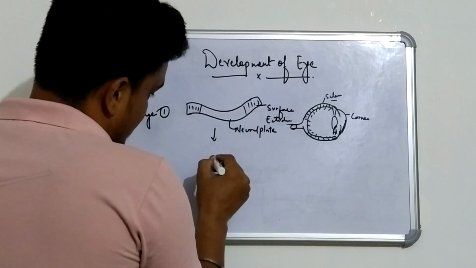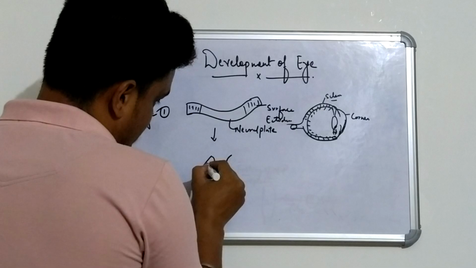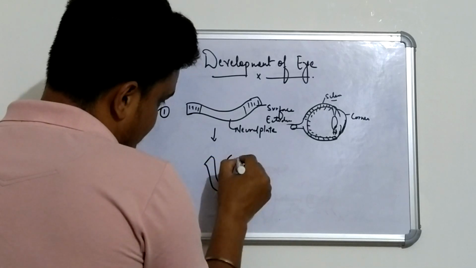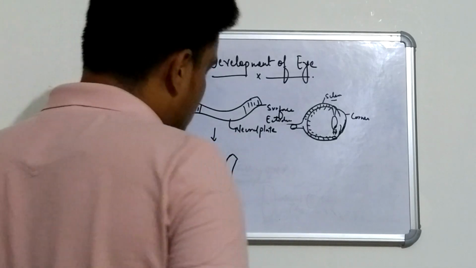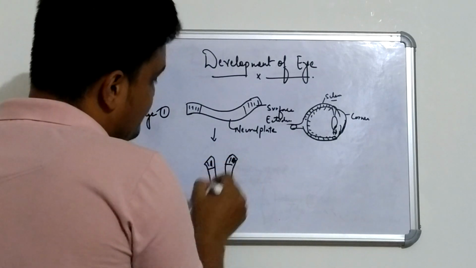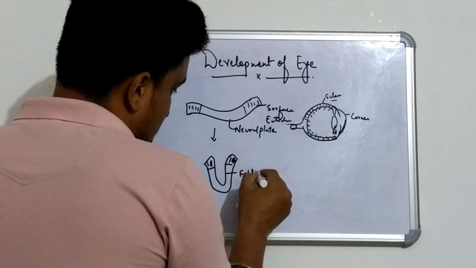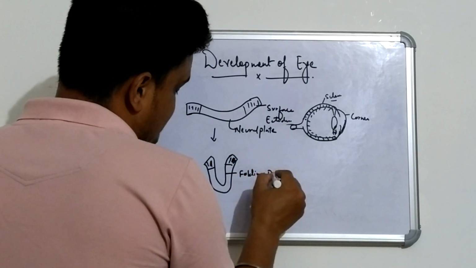Then this neural plate will go into a process during the embryology which is called folding. The folding process takes place here.